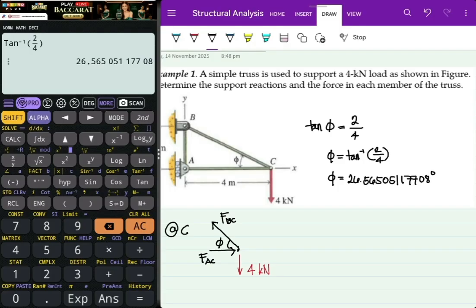And of course, if you have to convert that to decimal degrees, you just press SD.